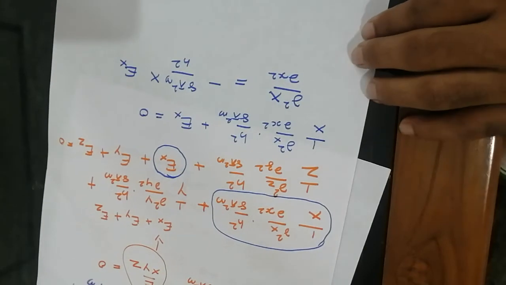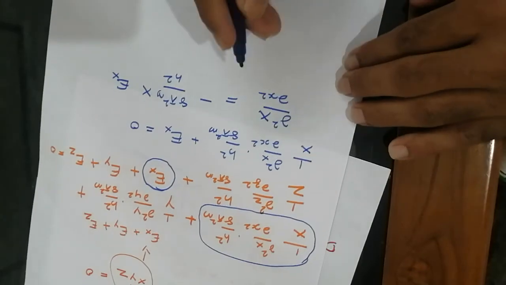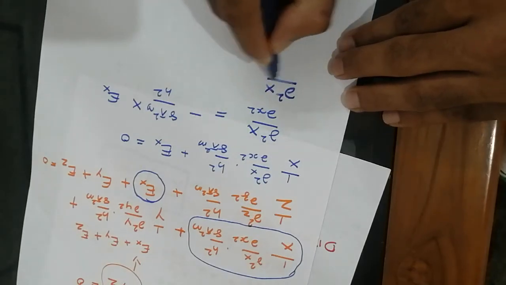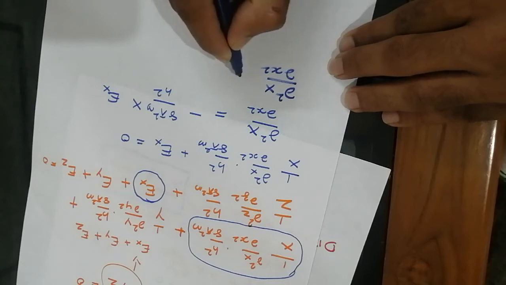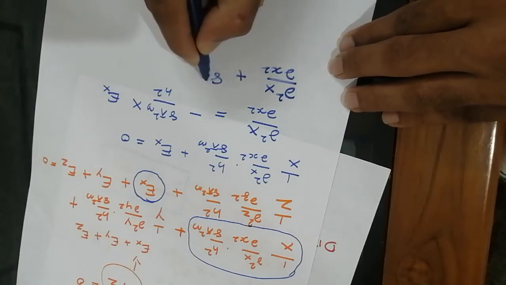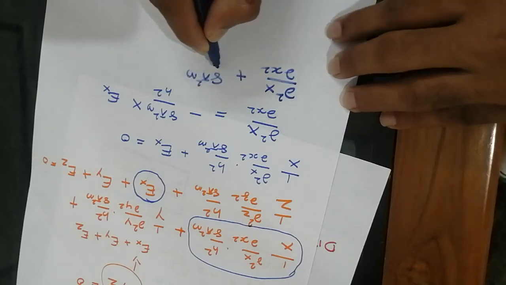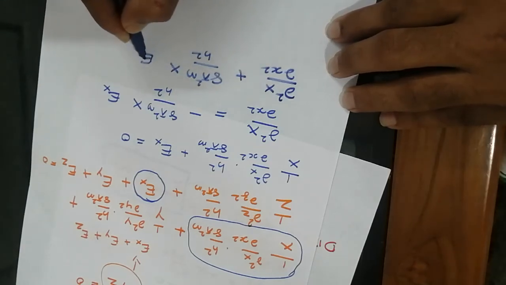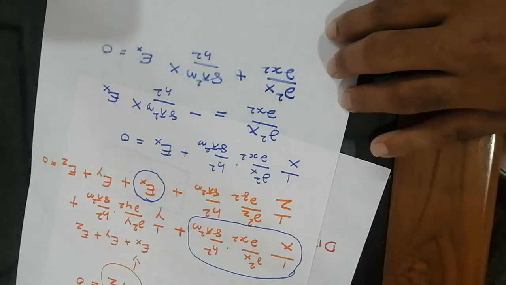Now you bring it back, you will get it like this. Dou square x by dou x square plus 8 pi square m by h square x ex is equal to 0.